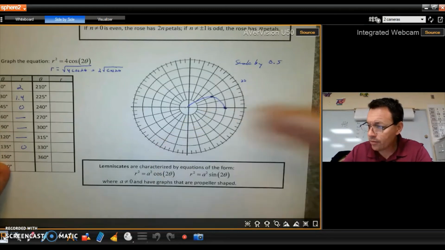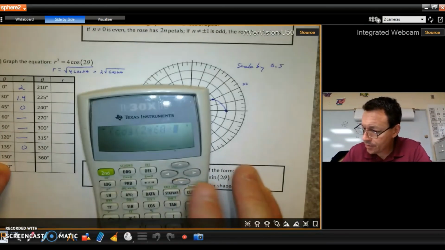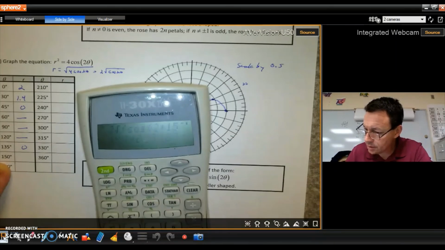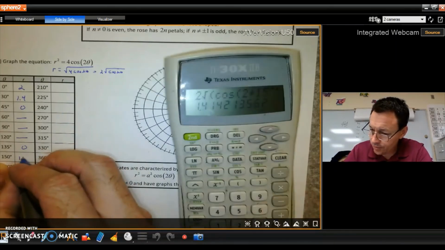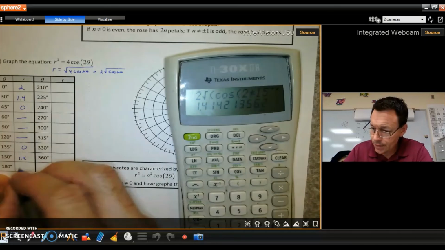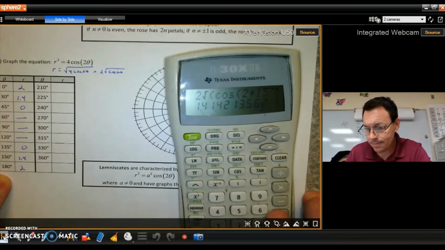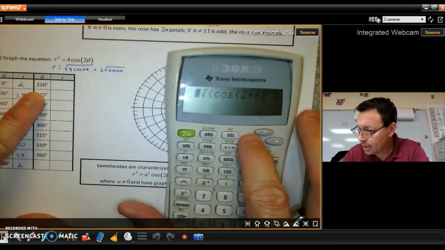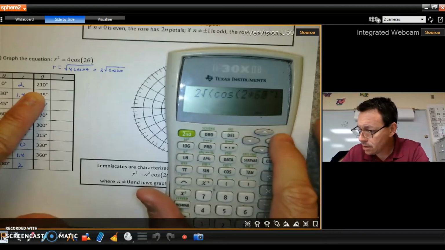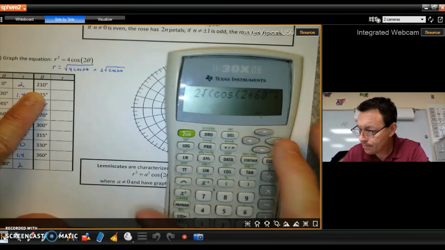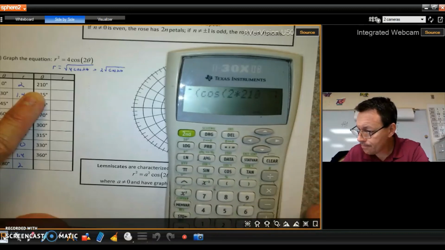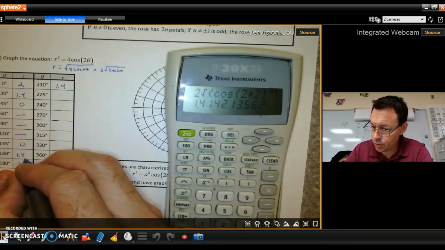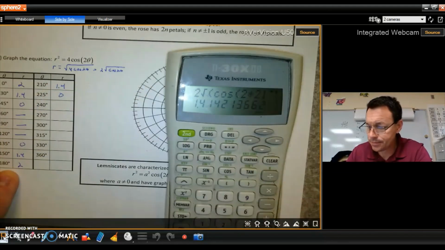Okay. At 150, so what do we get when we type in 150? Okay, we're back to 1.4, so there's our symmetry. And then it's going to go up to 2, I'll bet. Then let's put in 210. All right, 1.4. So we still have that symmetry going. I bet the next one's going to be 0.